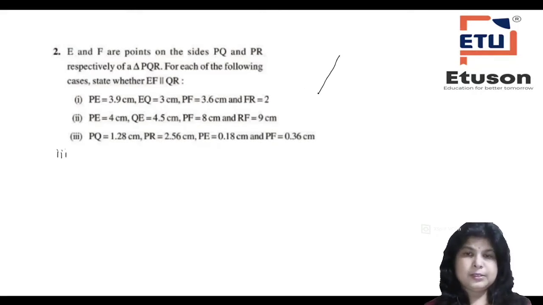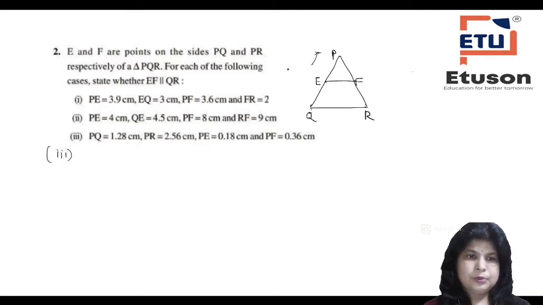So let us draw the triangle again. Okay. So you have PQR. Here you have E and here you have F. Right. So in this bit you have the total line as how much?